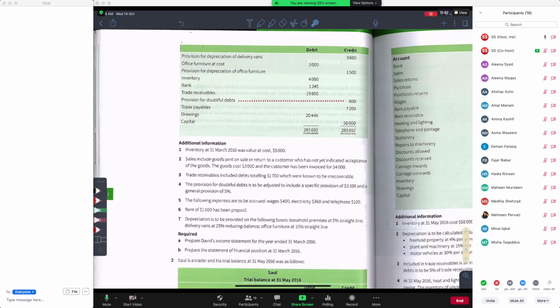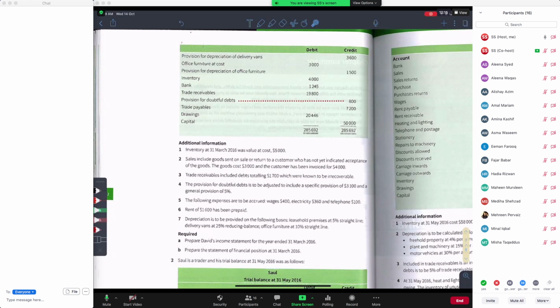But as this information suggests here, the sales include goods which are sent on a sale or return basis, but the customer has not yet indicated any acceptance for these goods. So technically speaking, as per the principle of accruals or realization or matching, these goods remain unsold. These goods should have been considered as sales if you had received some sort of a confirmation from your customer. But since there is no confirmation yet, these goods are not sold.